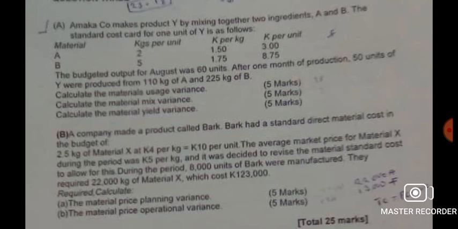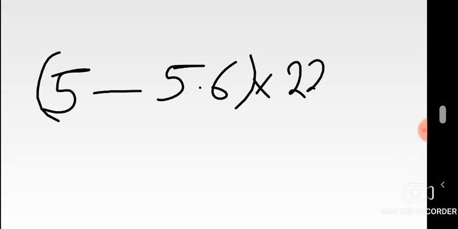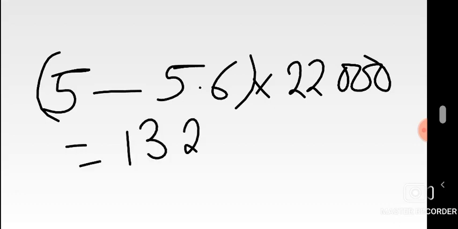And of course multiply by the actual quantity which they want to have produced, which is 22,000 kilograms because we are dealing in kilograms. So you found your 5.6, which is just going to say now 5, which is the revised, minus actual 5.6, close brackets, multiplied by the actual quantity, which is in kilograms, giving you 13,200.